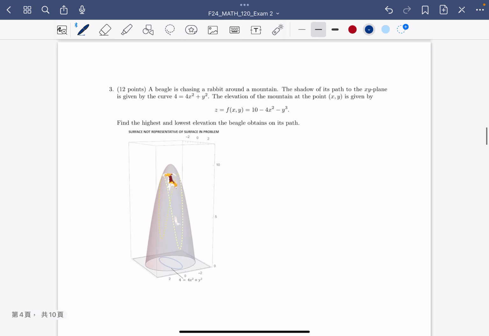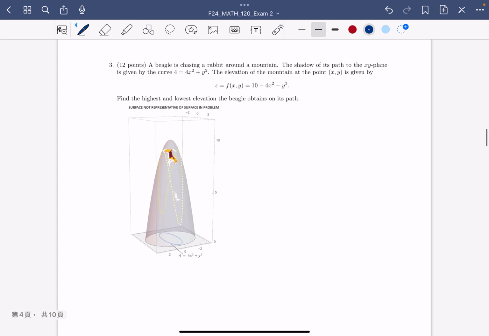Let's move on to 3. So, you have a dog right here chasing a rabbit around this mountain. Let's not make this graph too complicated.